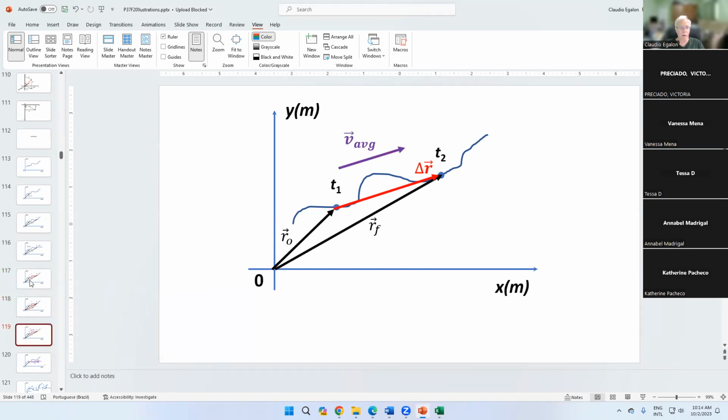And I'm going to do something else. I'm going to show you the components of this displacement vector. The displacement vector has two components. One like that.